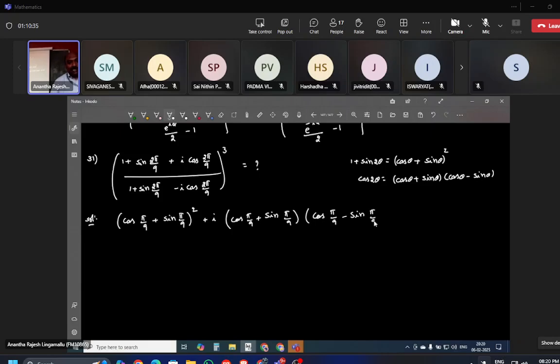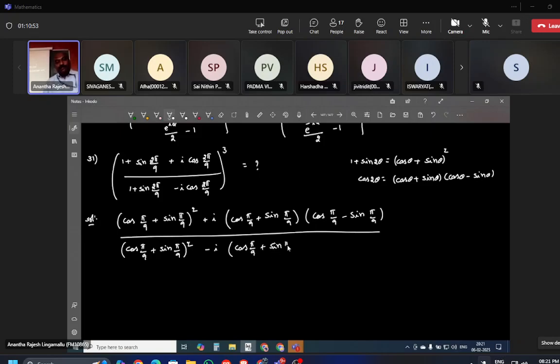Done, so that is the numerator. Denominator is the same: cos pi by 9 plus sine pi by 9, whole square, minus i into cos pi by 9 plus sine pi by 9 into cos pi by 9 minus sine pi by 9, whole cube.